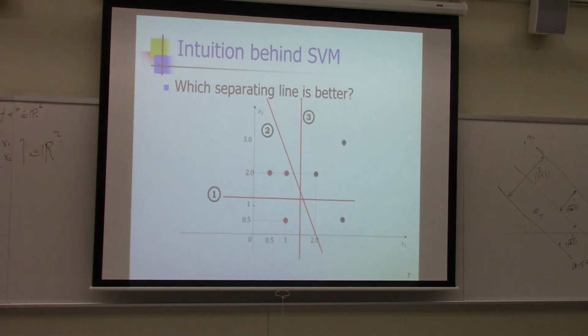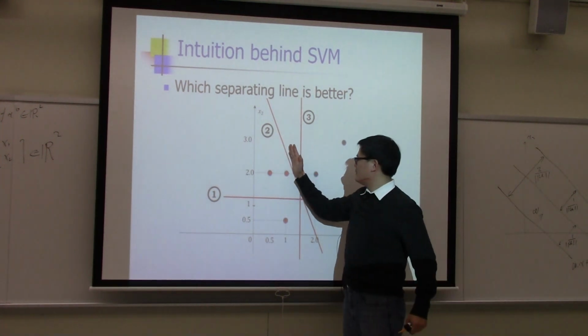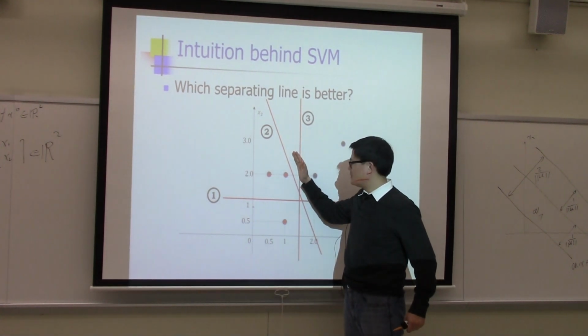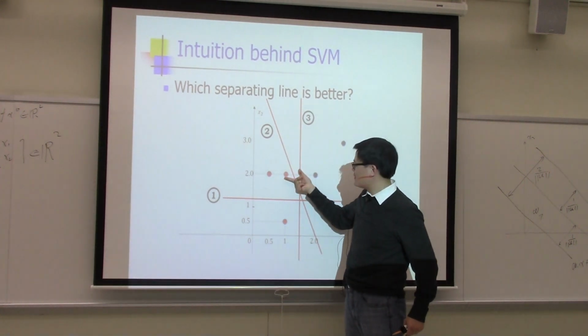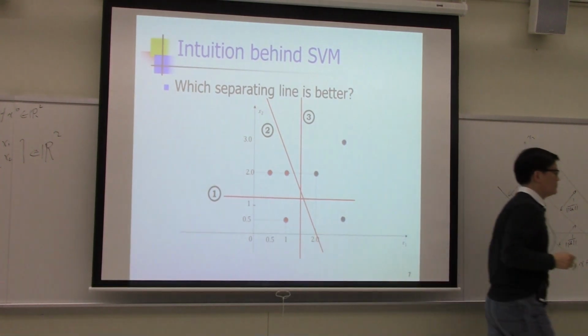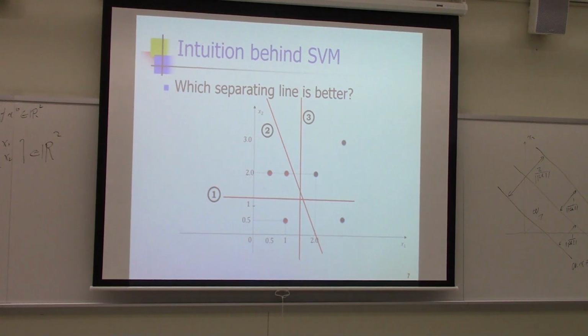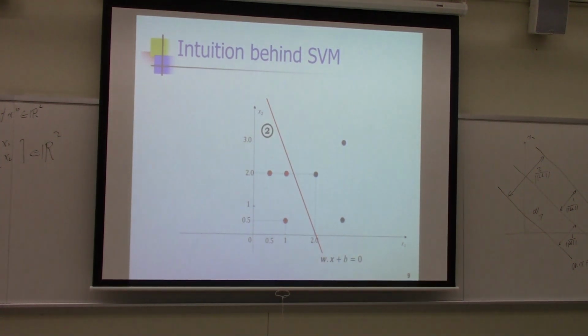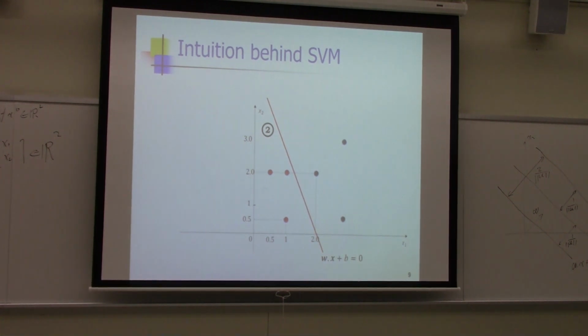Now my question: can you guess what is the margin for line 2? Pretty small, very small. Basically, you need to move this line in this direction, equal size, until it touches this point. So the margin is like this. This is the margin size. This is w dot x plus b equals 0, the general form.